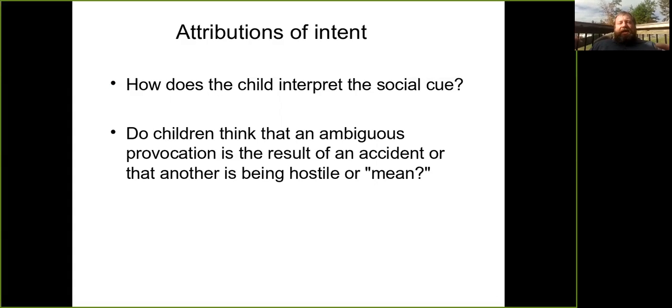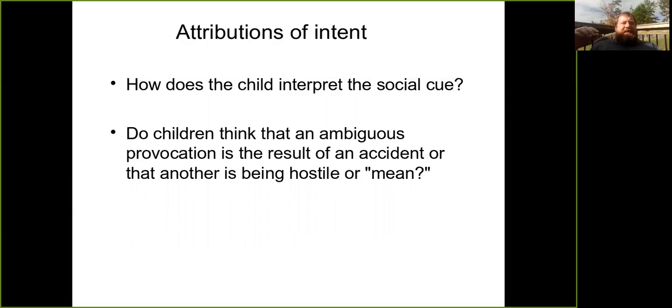This is that second interpretation stage. Once we encode a cue, we have to decide what that cue means. So imagine that you were a second grader drinking water from the water fountain, and somebody comes up behind and bumps you, and the water squirts up your nose. We don't know anything about the person's facial expressions or what they were looking at because we were looking at the water fountain.